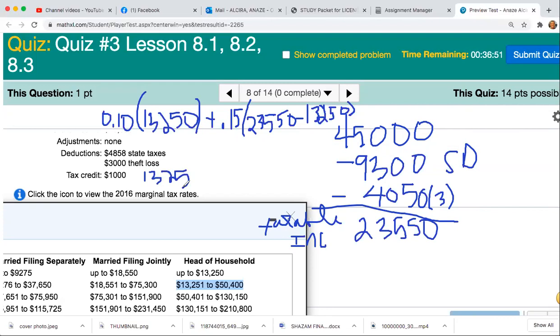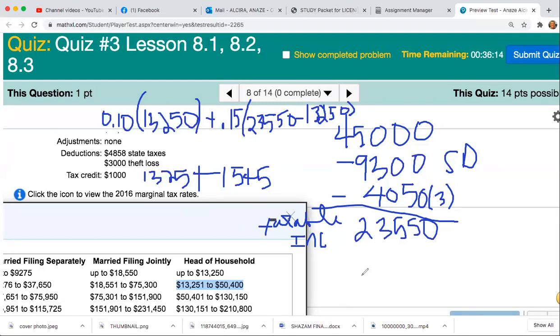Then on the remaining amount from the $23,550, she's going to pay 15%. This is how much she's going to be paying at the 15%, $1,545. Now you add these two amounts together. Her total tax liability is going to be $2,870.